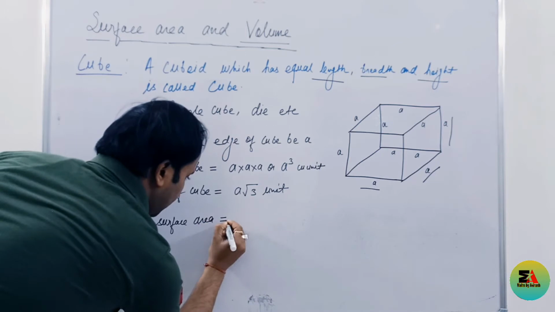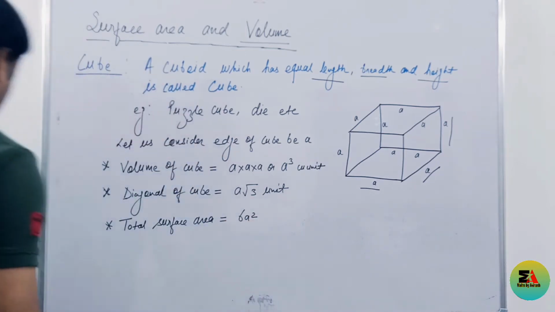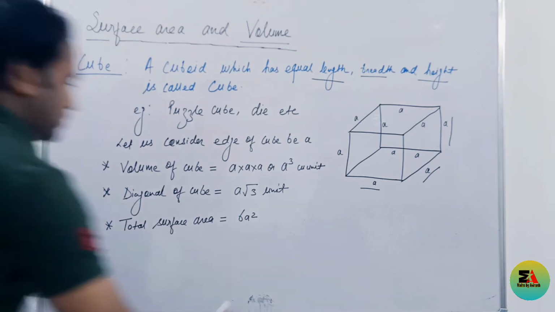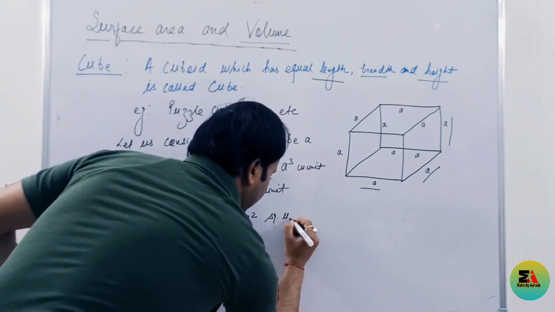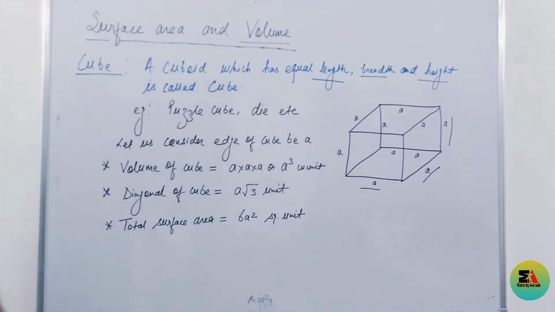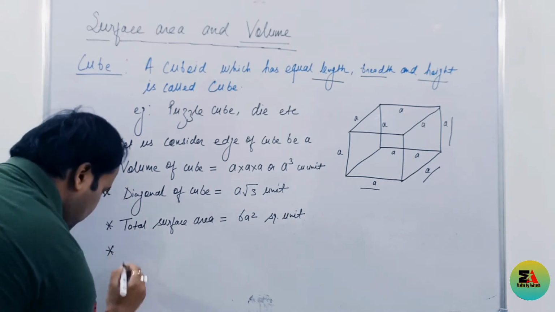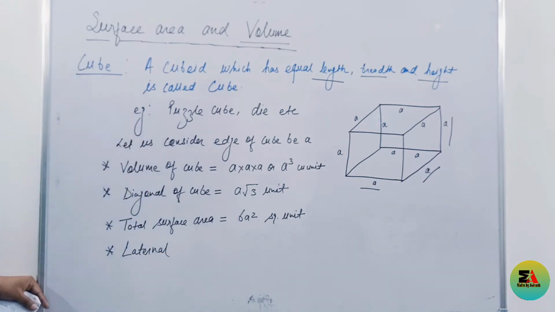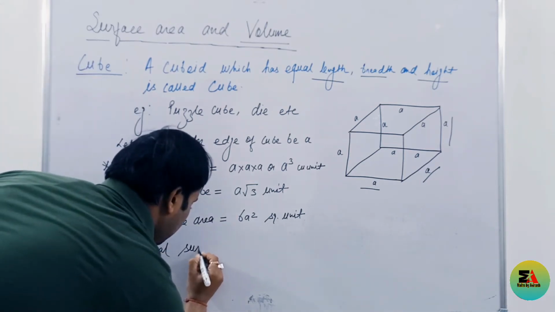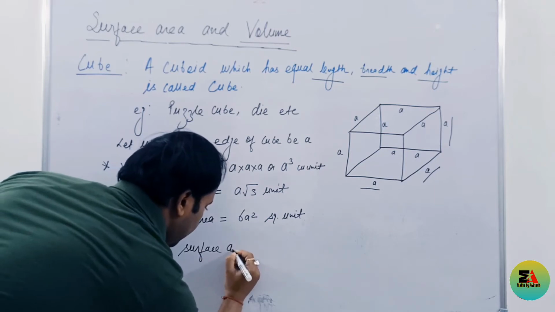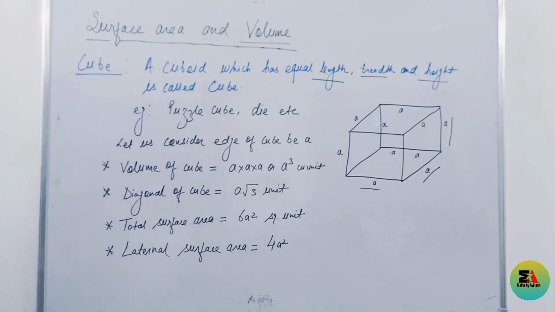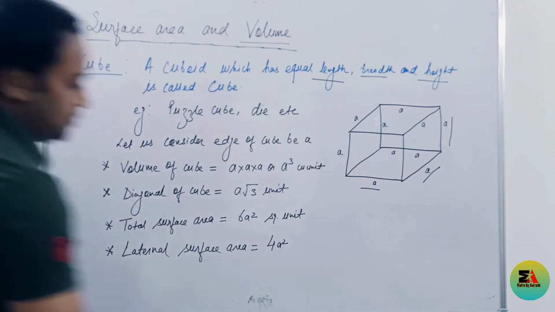Total surface area is 6A square square unit. Next one is lateral surface area. Lateral surface area is 4A square unit.